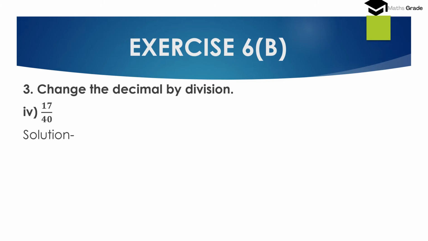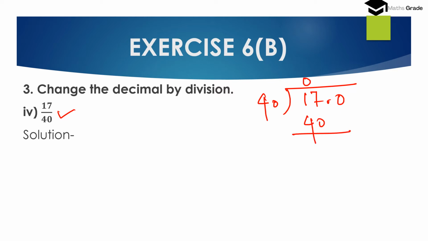Now fourth bit, 17 divided by 40. 17.0 divided by 40. Now in the table of 40, 40 multiplied with 0 is 0. Now 17 minus 0 is 17.